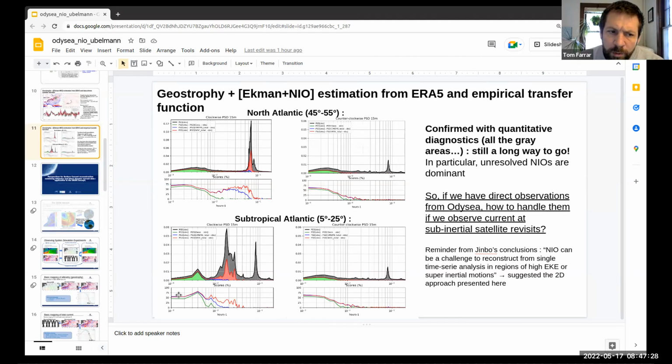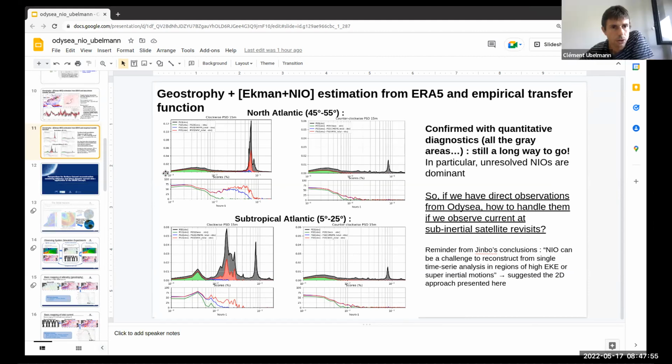So, Clément, I think the information is maybe there in that plot, but it can be kind of, I don't know if misleading is the right word, but these variance preserving depictions show a lot of variance at low frequencies that's maybe just not represented because you have a short record.